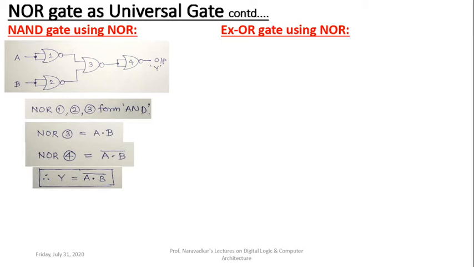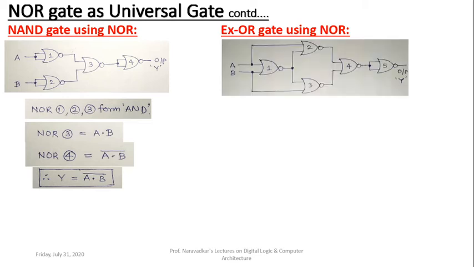Now on the right side I want to design the XOR gate by using NOR. For that purpose we require a total of 5 NOR gates, which are connected like this. Gate number 1 where input A, B is applied. Then gates number 2, 3 at the intermediate level. Then gate number 4 and finally gate number 5, which is an inverter at the end.